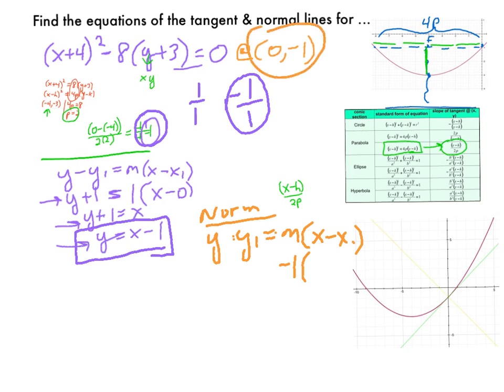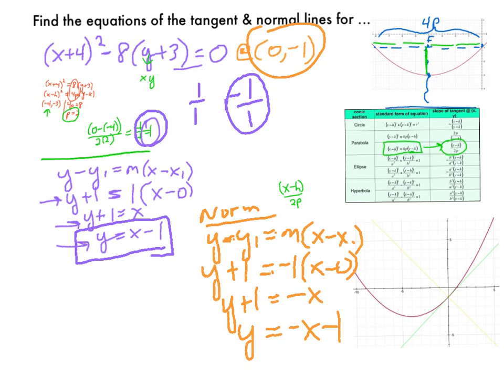They both go through 0, negative 1, so let's use the same point. That's supposed to be a minus there. So that's going to be a y minus a minus 1 again. And that's going to be an x minus a 0 again. And that's going to give us y plus 1 equals, that's an equal sign there, a negative x. And we have negative x minus 1.